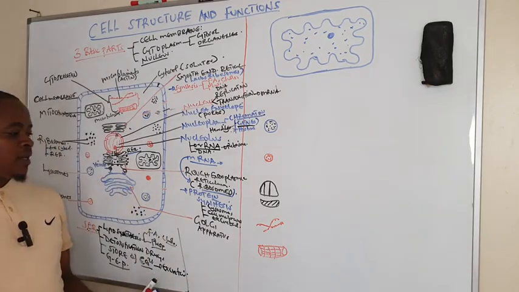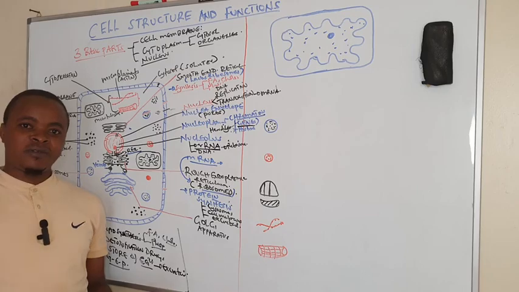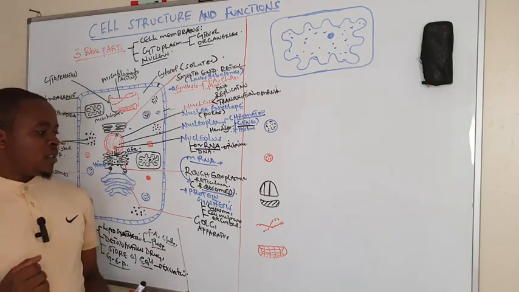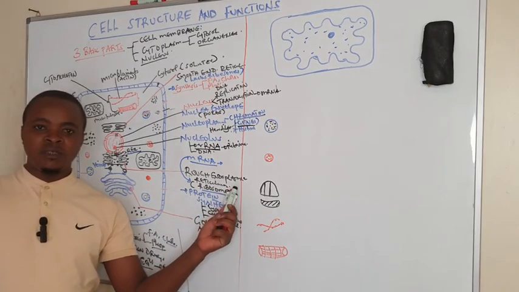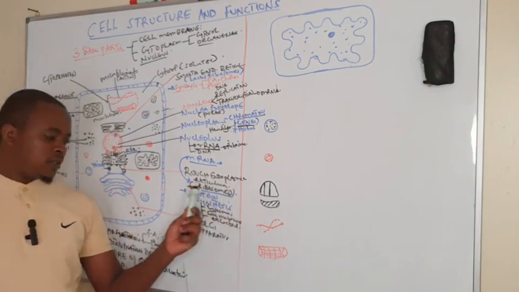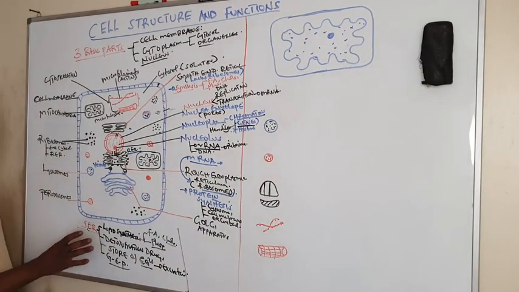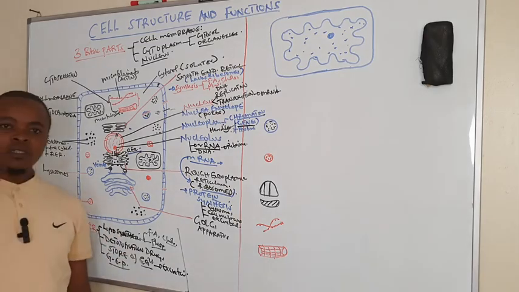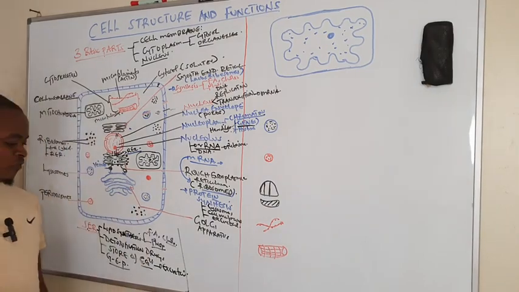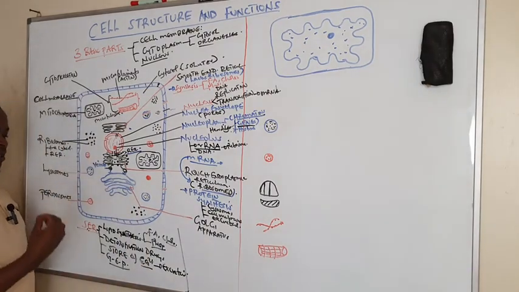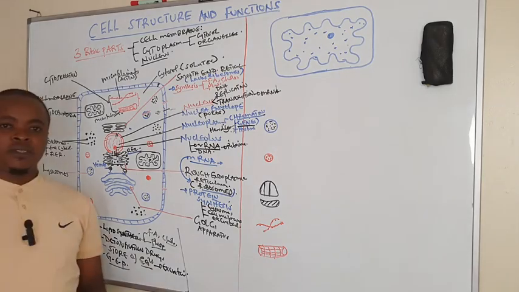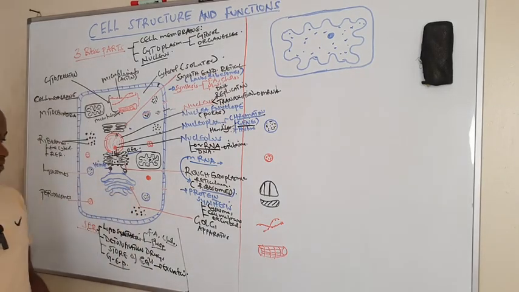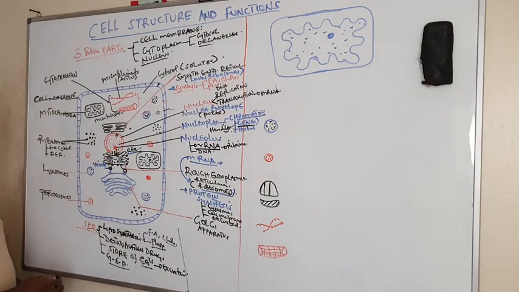So rough endoplasmic reticulum does protein synthesis, then smooth does lipid synthesis, detoxification, storage and release of calcium, and metabolism of glucose 6-phosphate. Note those four importances of the smooth endoplasmic reticulum.